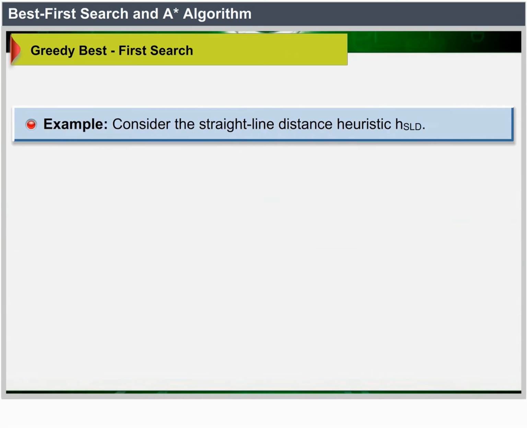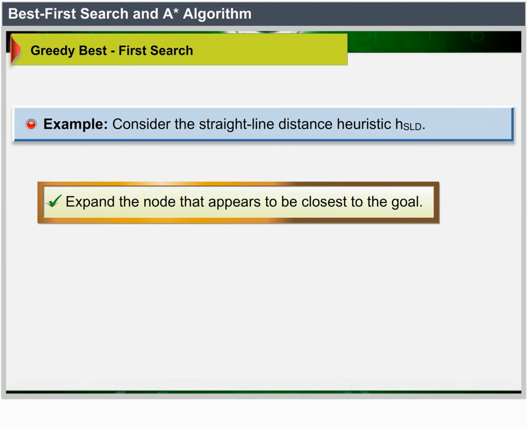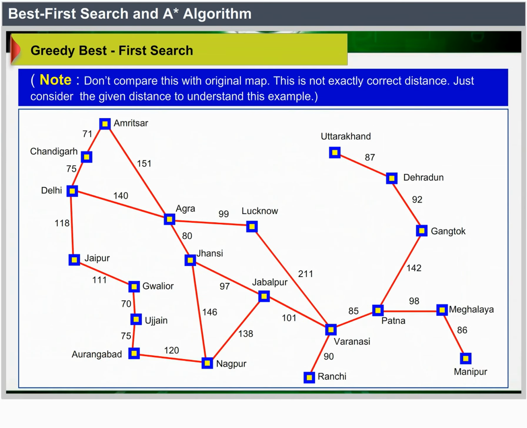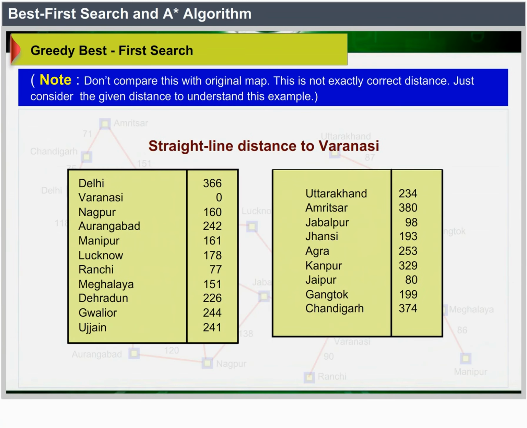Example: consider the straight line distance heuristic, hSLD. Expand the node that appears to be the closest to the goal. Note: don't compare this with the original map. This is not exactly the correct distance. Just consider the given distances to understand this example.